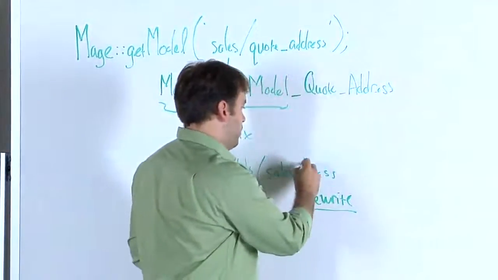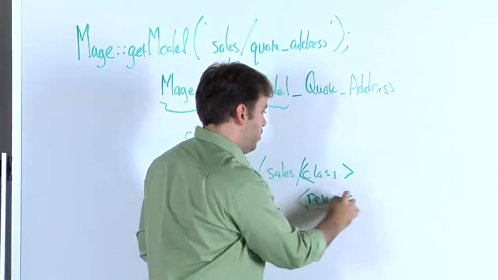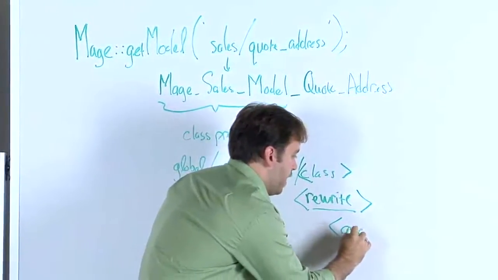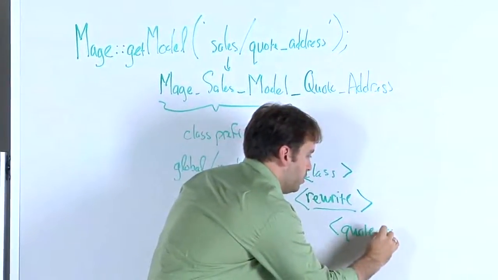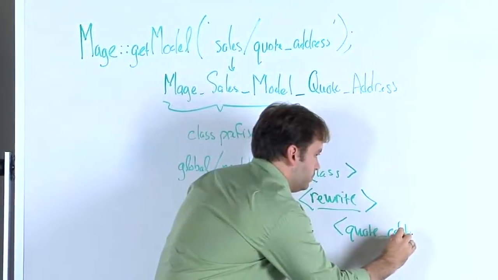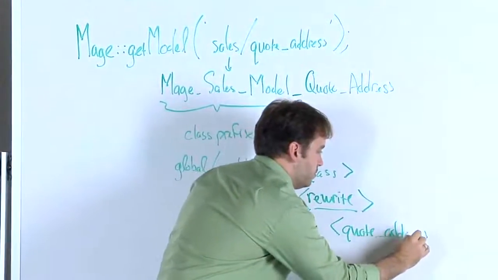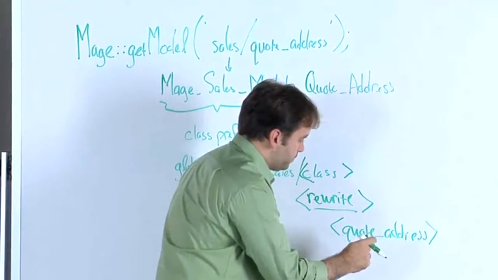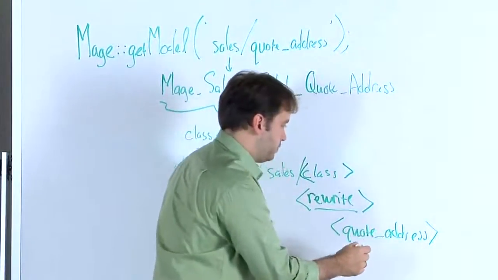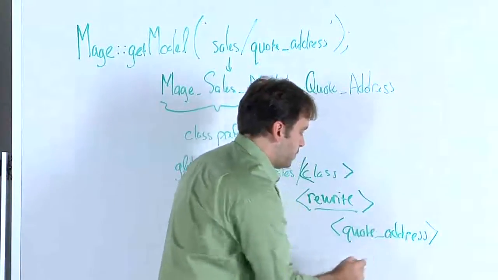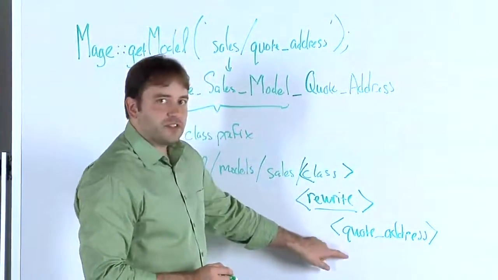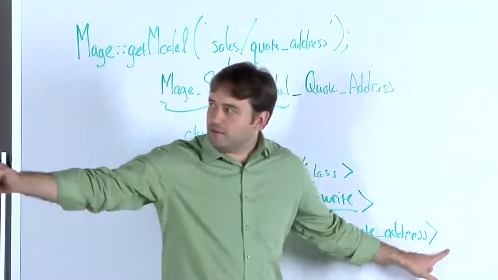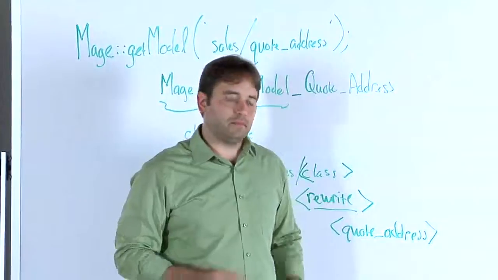So we've got a class node and a rewrite node right next to each other, and in our case, we're adding quote address, and under quote address, we're adding a full class name.